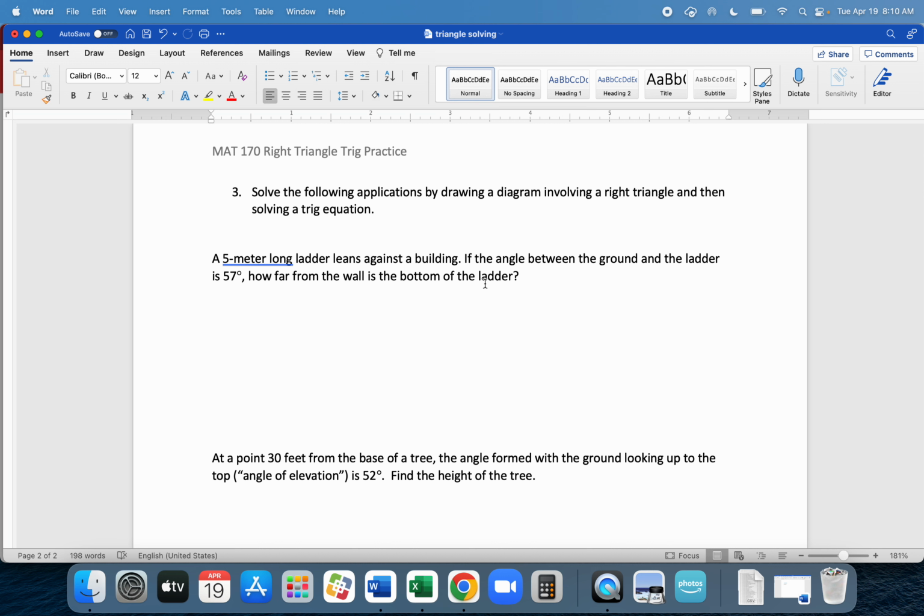I want to know how far from the wall is the bottom of the ladder. Oh, well, that's that distance. So assuming that the building is upright, meaning we've got a 90-degree angle between the ground and the building, that should be enough information for us to solve.